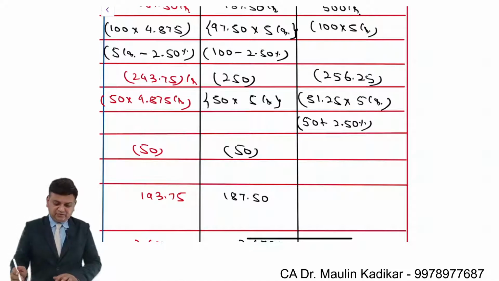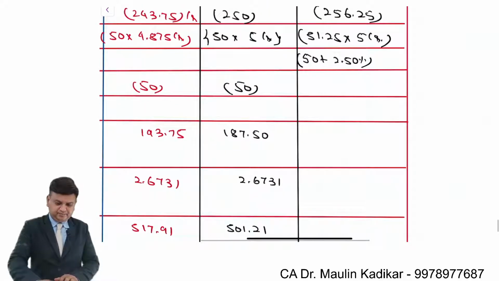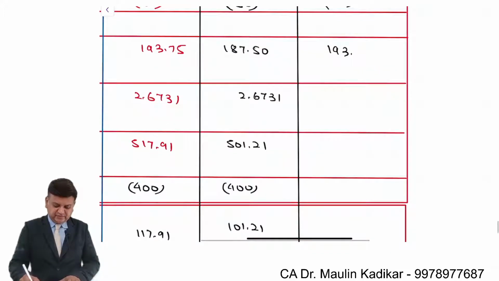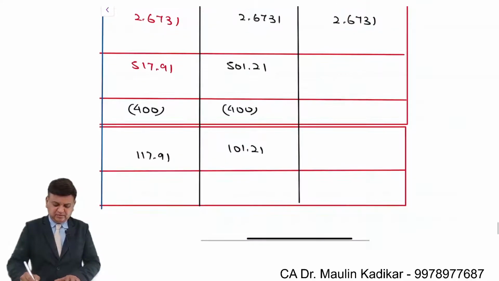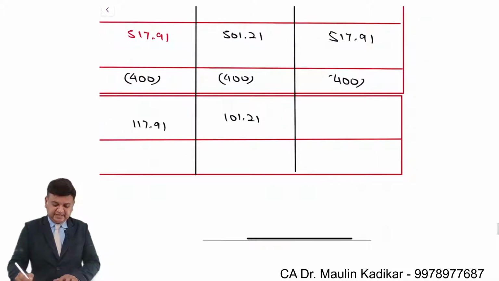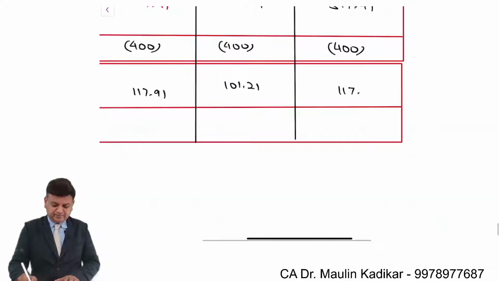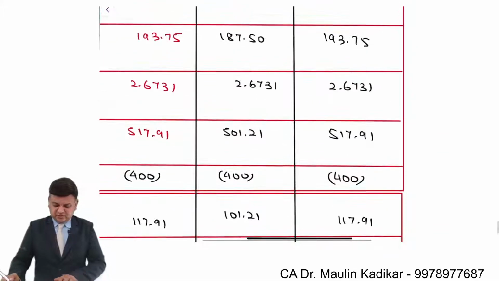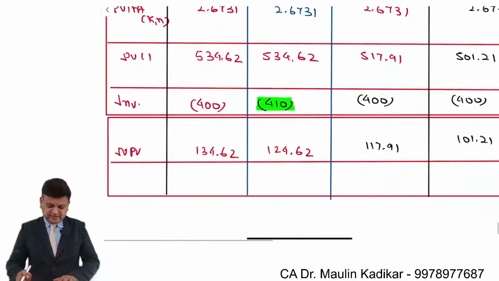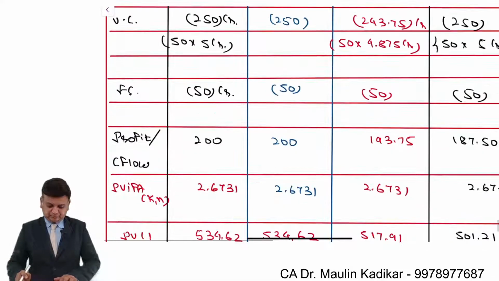That is deducted from 500. Further 50 is deducted. So it is 193.75. 2.6731. 517.91 minus 400, 117.91 crore. That is the way the NPV is calculated.